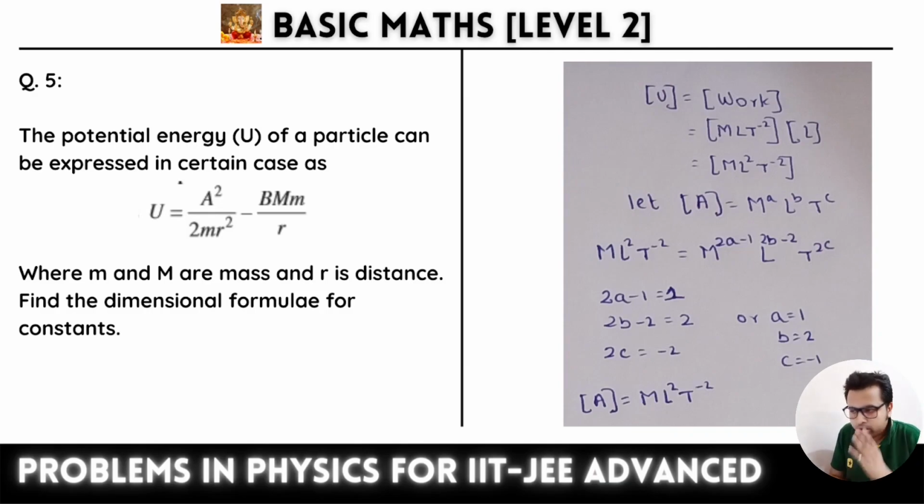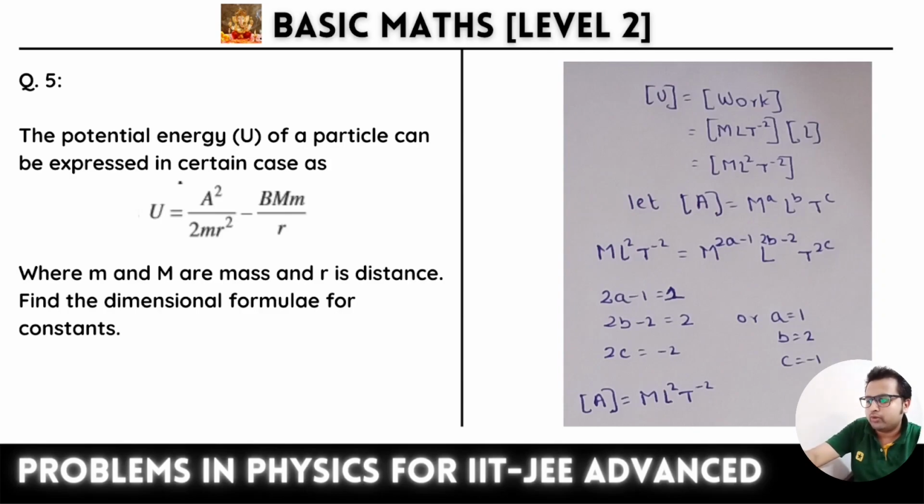Now, using the principle which I told you just now, we can write M L square T minus 2 is equal to M^2a L^2b T^2c upon M L square. See, now what you do, instead of A square, you substitute M^a L^b T^c, so it becomes M^2a L^2b T^2c upon M L square.